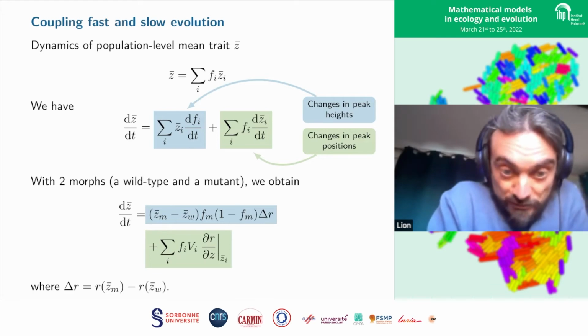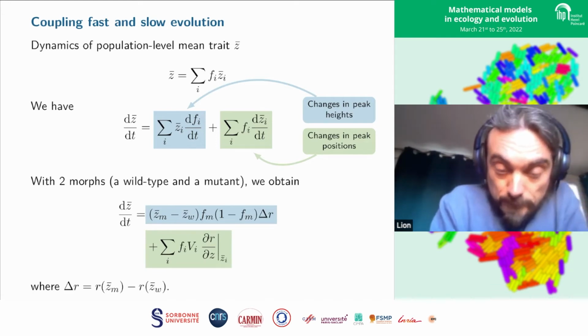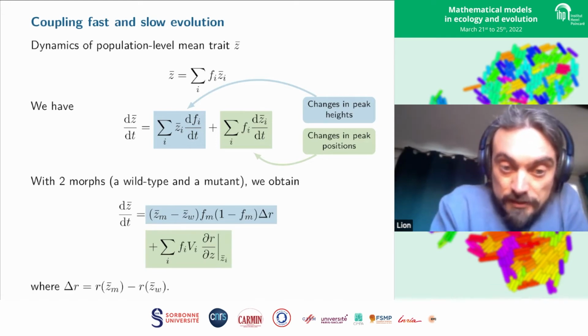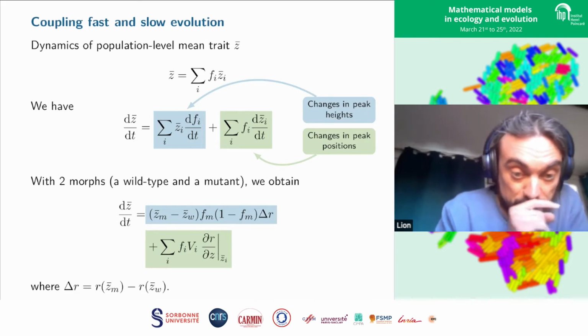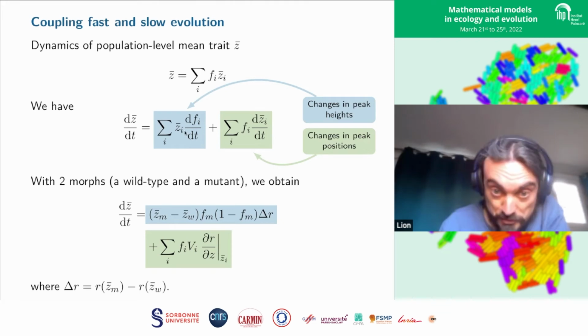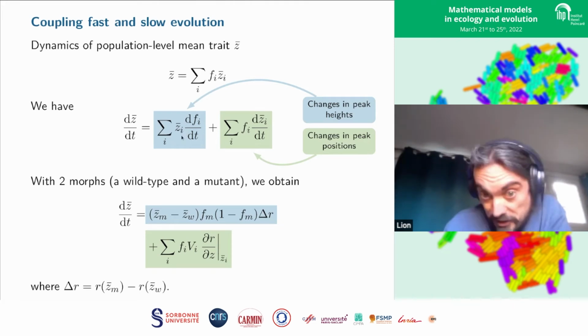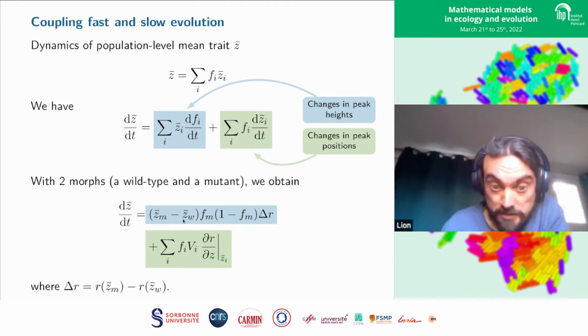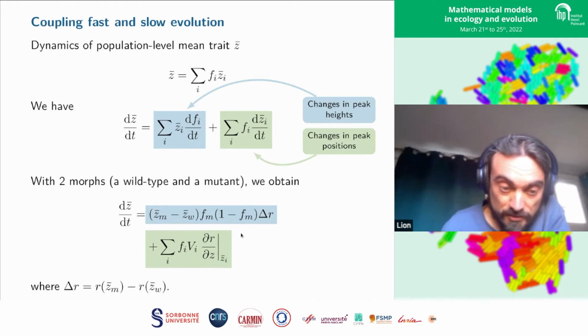And so if we have two morphs, for instance, like a wild type and a mutant, we obtain the following equations, where in blue we have everything that comes from this blue term here, and in green everything that comes from this green term here. And this is how it looks.